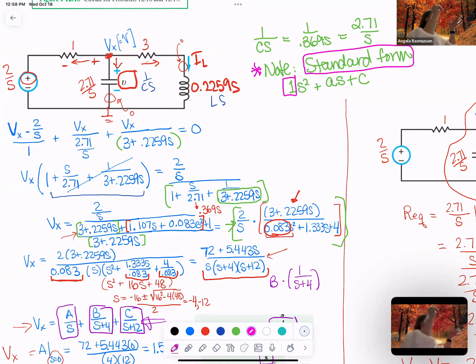And so we use this standard form, which is where there's always a 1 in front of the S squared or whatever S's there are. So the highest ordered S has to have a 1 in front of it. And that means if it is a number, you've got to take it out and divide it by the rest of the numbers in the numerator.